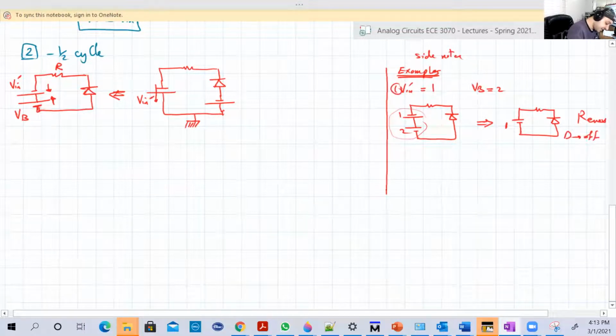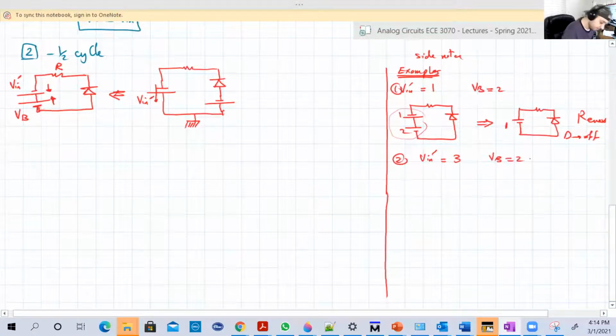Okay. Let's have another example. How about Vn dash is 3, and Vb is still 2. So we have this situation. This is 2, this is 3 now. Oh, the ground is in between.